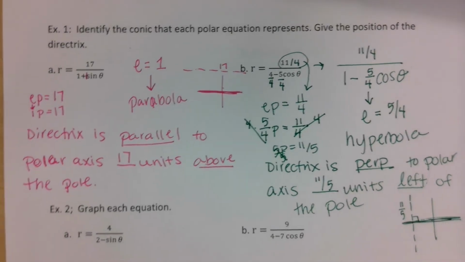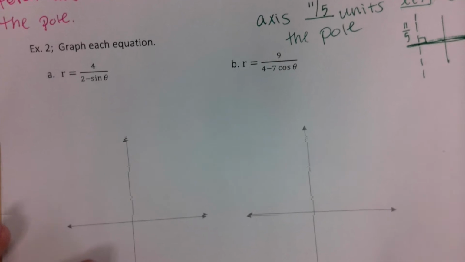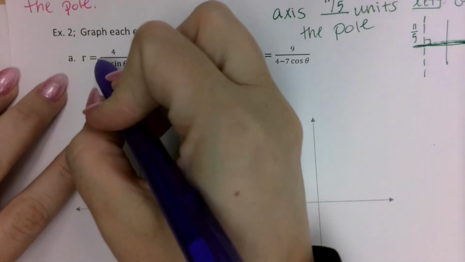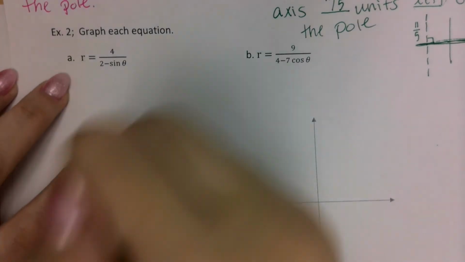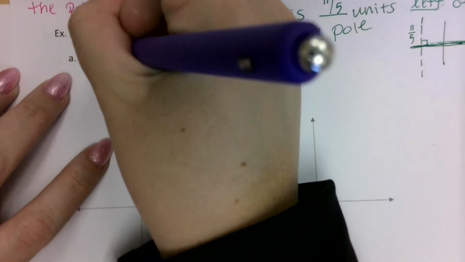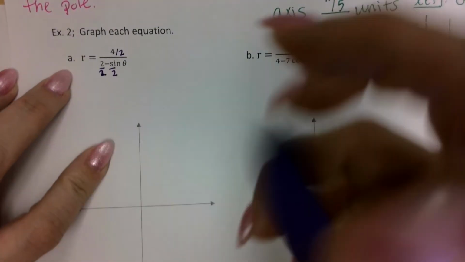All right, so given all that, we're going to have to use that same information when we want to graph our conics. So in this first example here, I want to graph it, but I need to do all of that same information. So the first thing I have to do is remember this has to be a 1, and in this problem it is not a 1. So our first step here is we have to divide each of these by 2 so that this can turn into a 1.